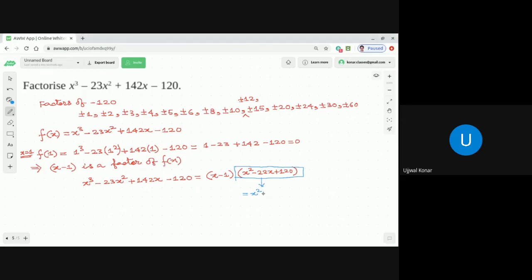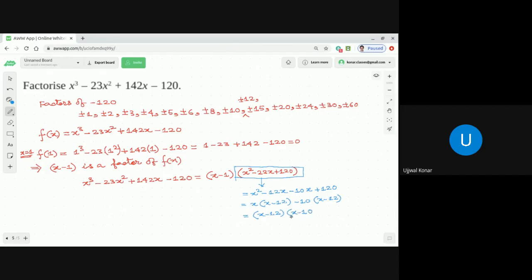So x square minus 12x minus 10x plus 120 equals x into x minus 12, minus 10 into x minus 12. Then from these two terms, you take x minus 12 common, and you get x minus 10.